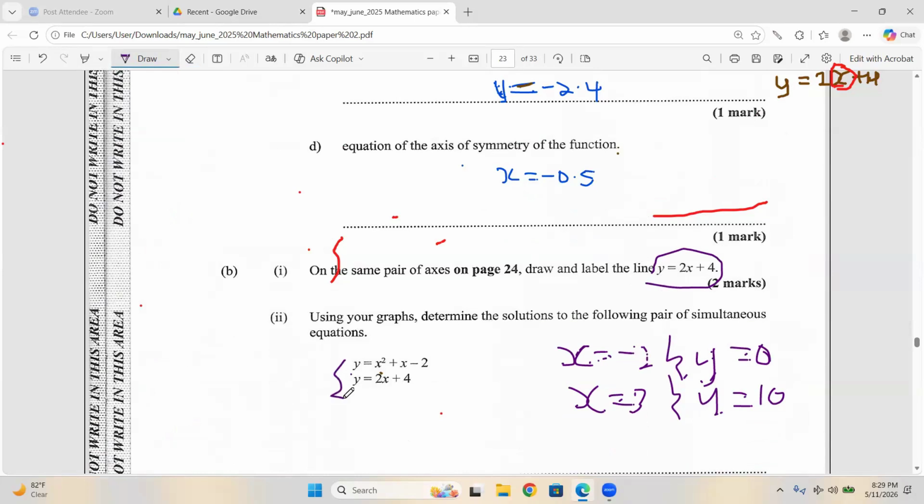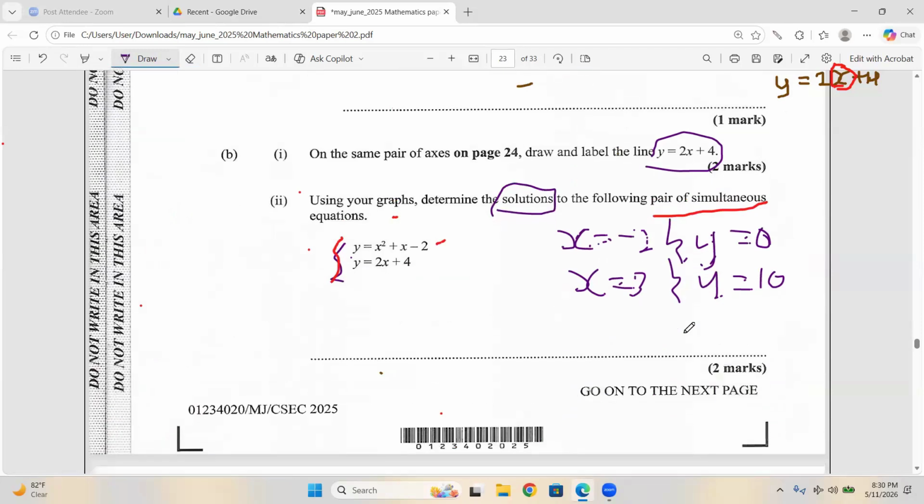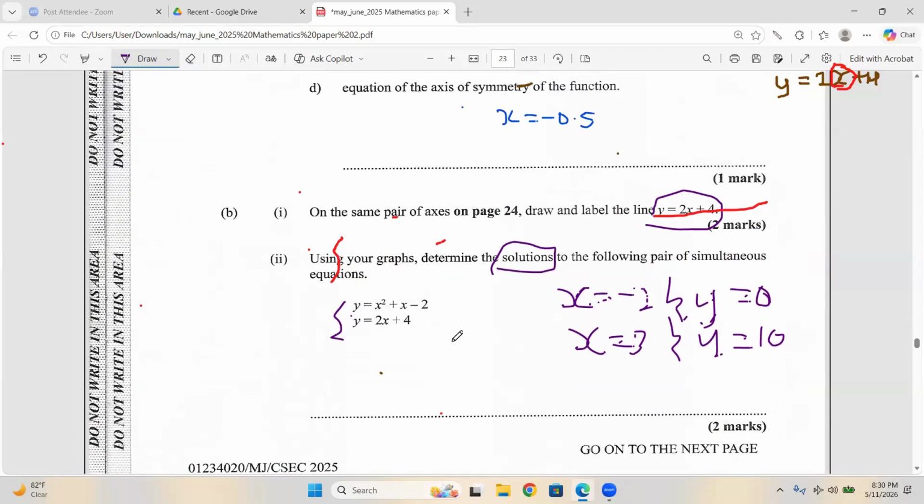So they're trying to tell us, using the quadratic and the straight line, find the solutions, which are the answers for the pair of simultaneous equations. But you would not need to work on the simultaneous equations using elimination or substitution methods because you have a graph. So that's why they said using the graph.